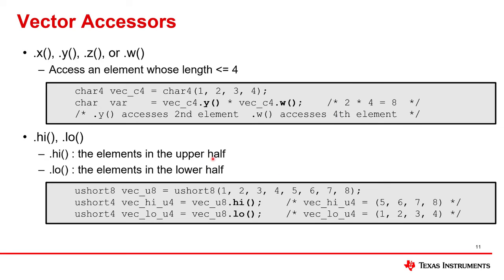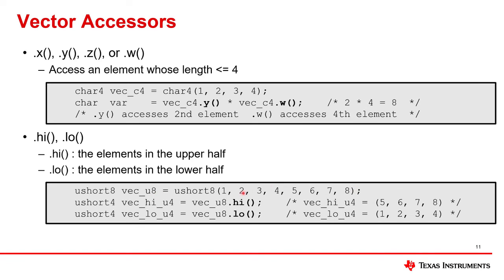Let's take a look at another variant, .high and .low. .high accesses the elements in the upper half of the vector, and .low accesses the elements in the lower half. So let's look at our example. We initialize a vector of 8 elements to 1 through 8.